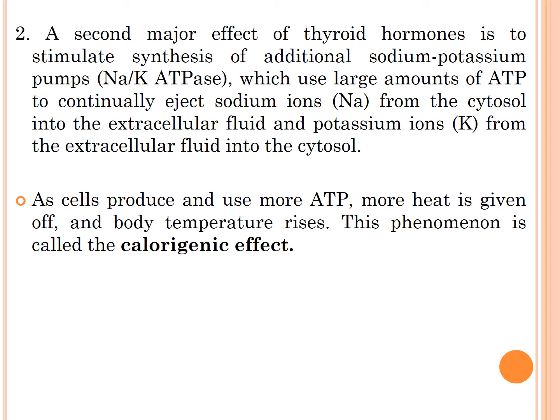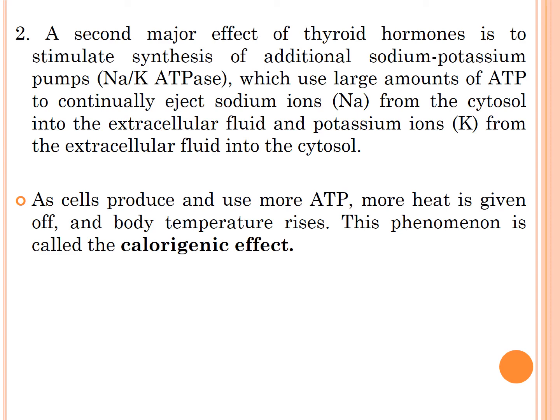Second function, a major effect of thyroid hormone is to stimulate synthesis of the sodium potassium ATPase pump, and these pumps use a large amount of ATP to continuously eject sodium ions from cytosol into the extracellular fluid and potassium ions from extracellular fluid into the cytosol.